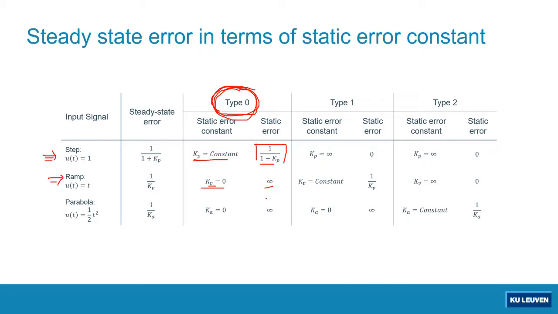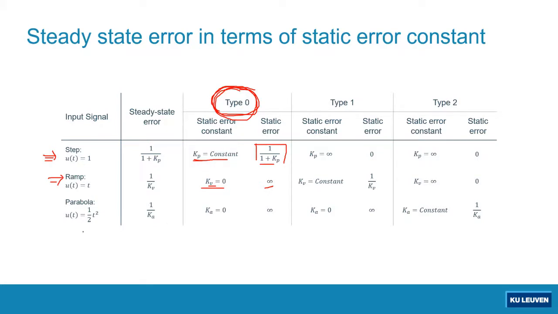Or in other words, if ramp input is given to this type 0 system, the steady state response definitely cannot follow the ramp input. Okay, so type 0 system definitely cannot follow ramp input.